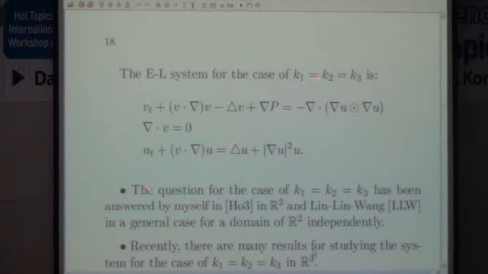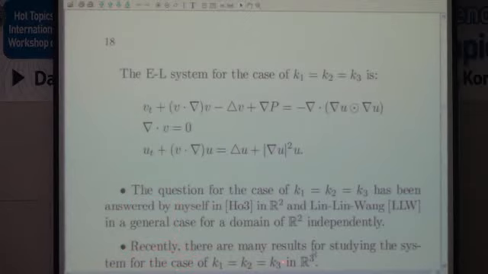It was proved independently by myself and also by Lin, for a general model for domain, but their proof is different. They use a different proof. My proof is basically that I studied the limit, the epsilon tends to 0 case.